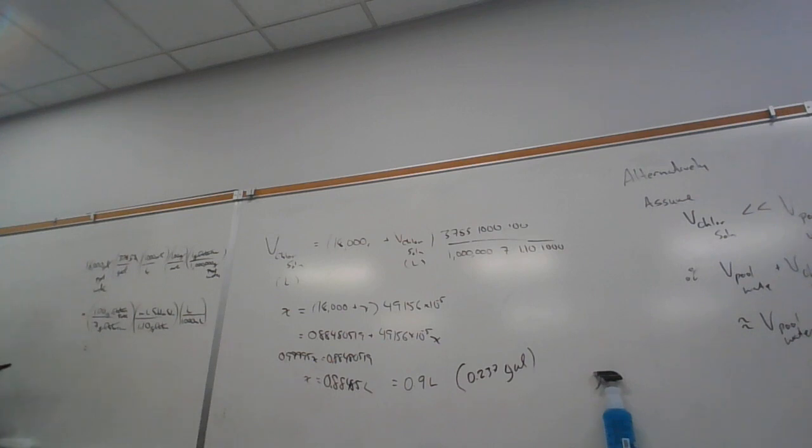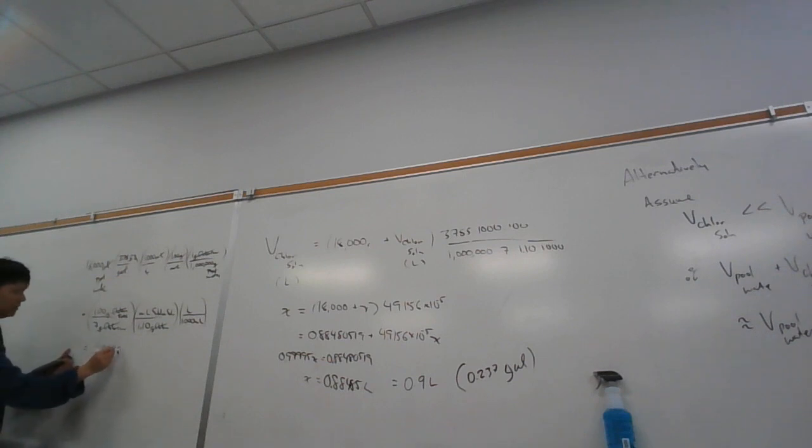Times 100. Divided by 7. Divided by 1.1. Divided by 1,000. I guess I could have canceled out the thousands, but I didn't. All right, so I get 0.88480519.